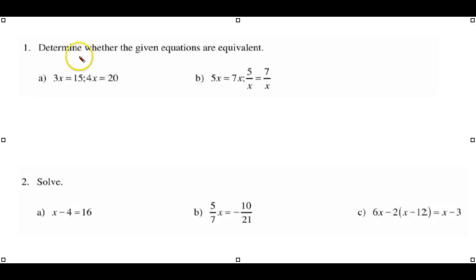Now, in this first example, it's sort of a brainstorming thing. They want to see whether this equation is the same as this equation. And you would tell by finding out, well, what would x be here? Well, 3 times what is 15? Well, 3 times 5.